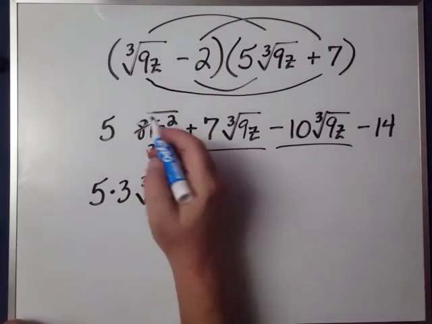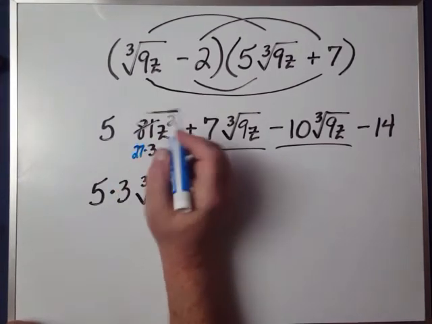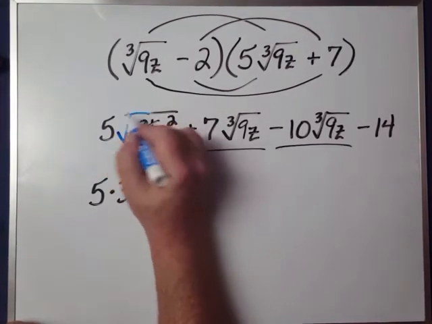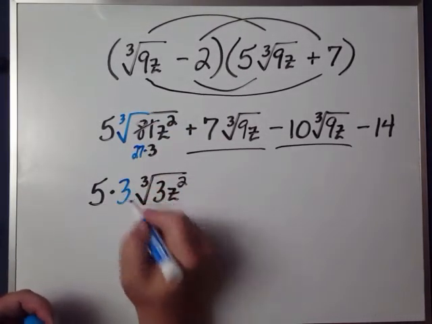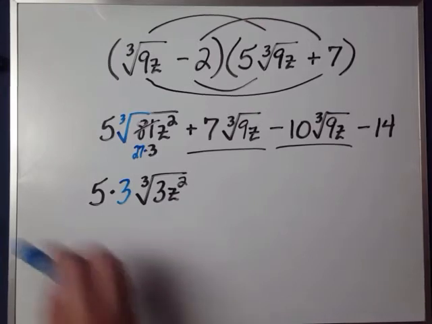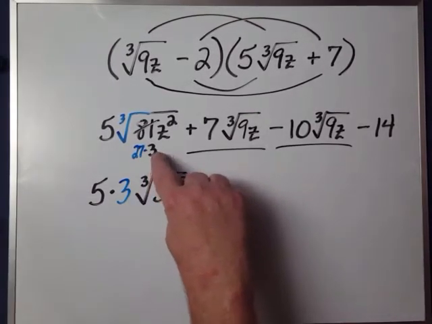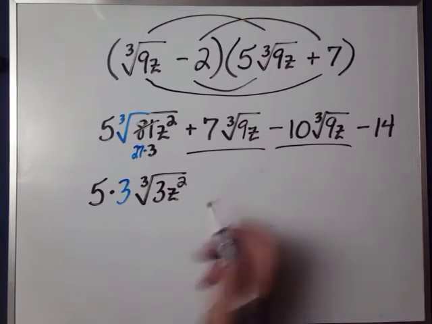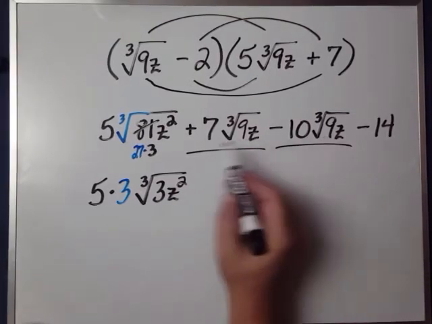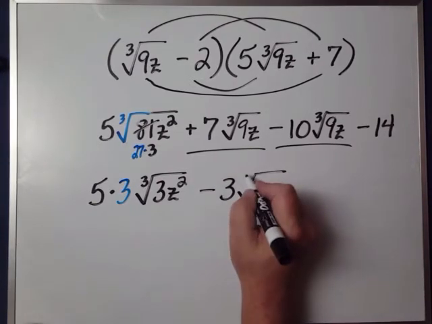I replaced the 81 with 27 times 3, took the cube root of that 27 to get this 3. Then this 3 and that z squared, they're stuck inside. All right. Combining like terms here in the middle, 7 of them minus 10 of them is minus 3 of them.